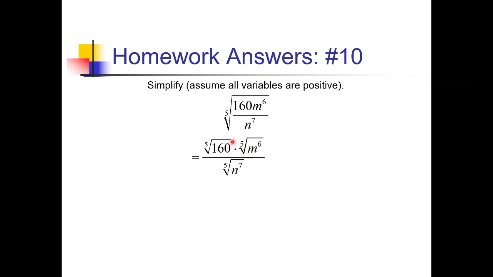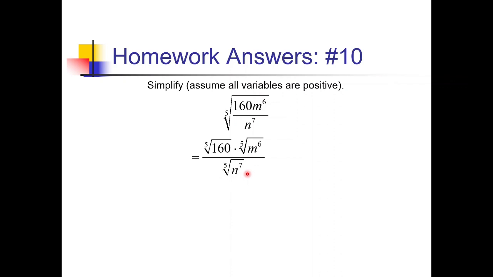Alright, so another issue I have, not even thinking about perfect fifth powers that might be inside things up here, I have a radical in the denominator, and I can't get rid of it by merging things and canceling stuff out. So I need to multiply by something that will give me a perfect fifth power in this fifth root downstairs.